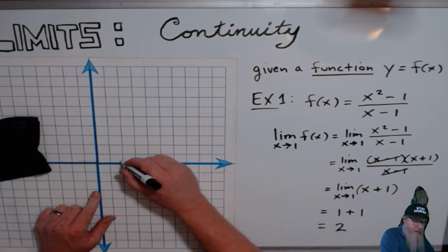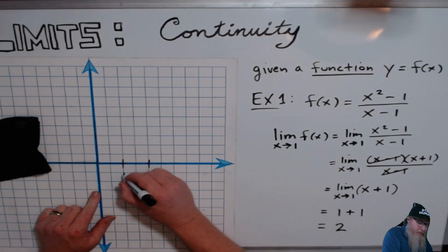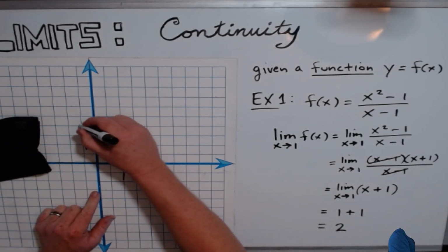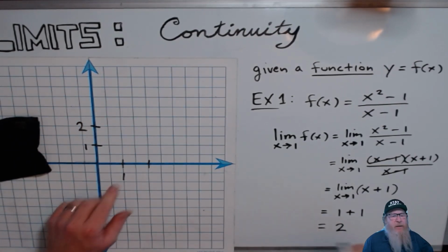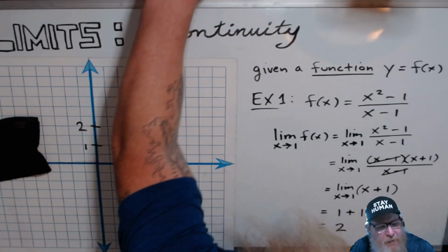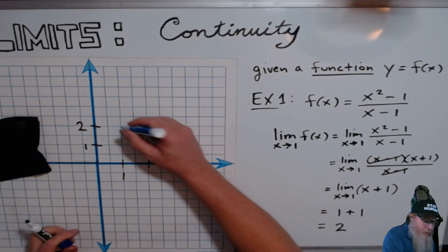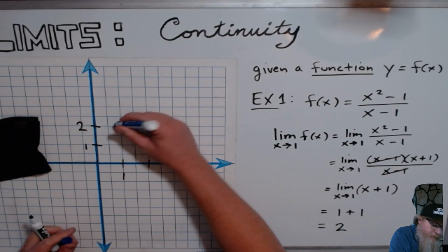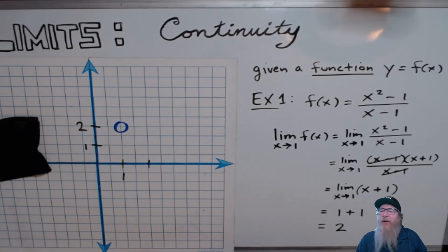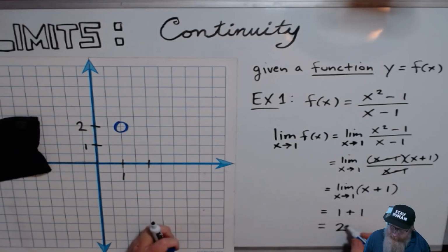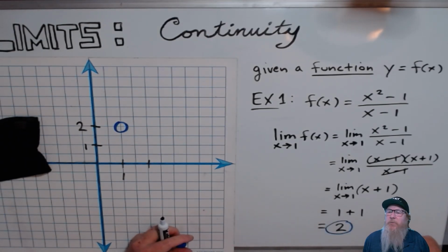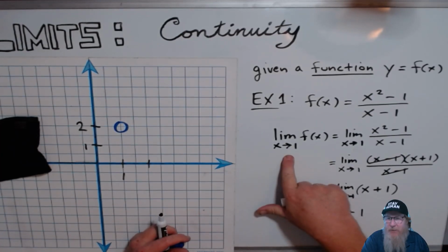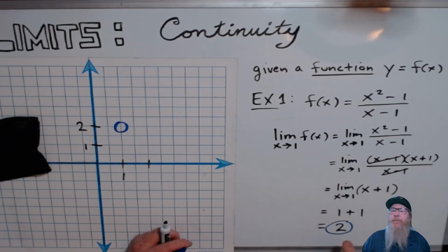So over here on my graph, I have x equals 1, and then I have my y value 2. The limit as x approaches 1 is equal to 2.